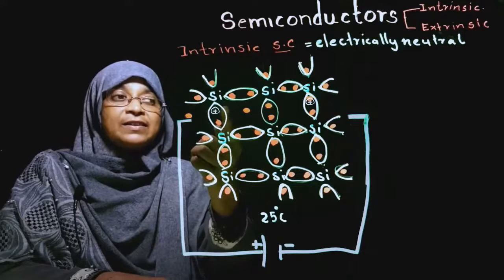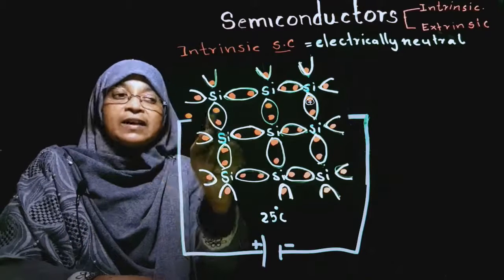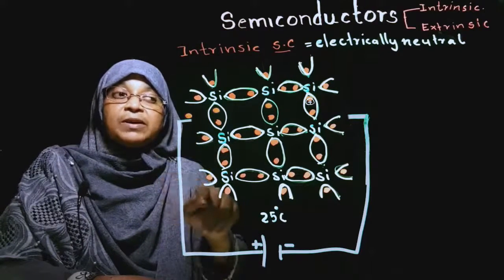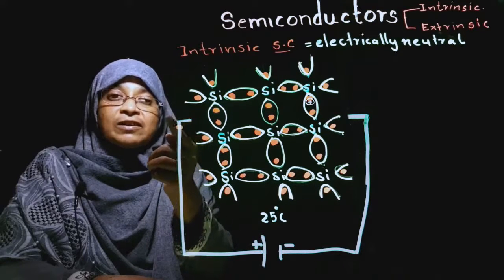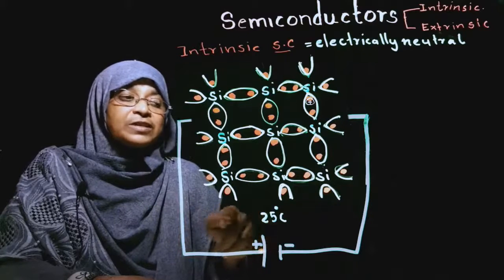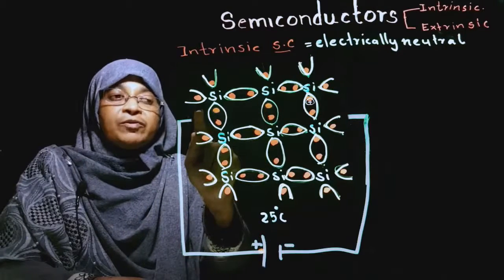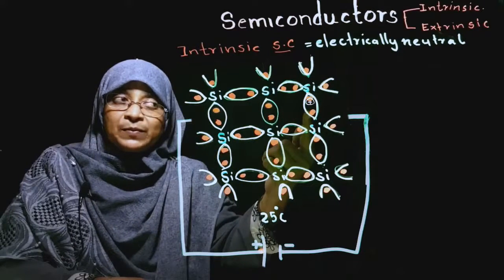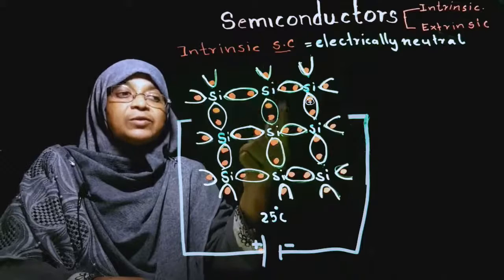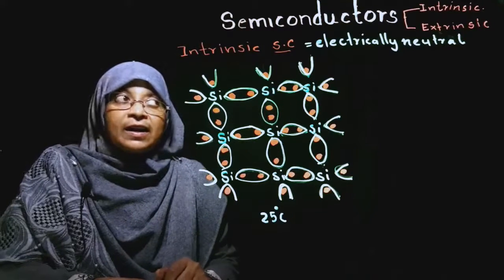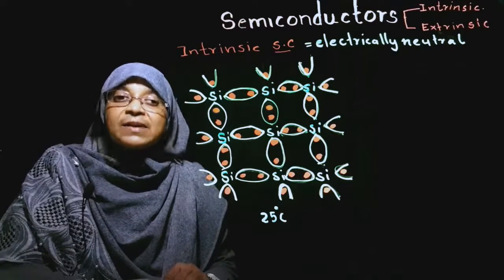Then another free electron runs towards the hole at the positive terminal. Then the hole at the positive terminal disappears, and this free electron runs towards the positive terminal. So, we can say the holes are moving from positive to negative and electrons are moving from negative to positive.